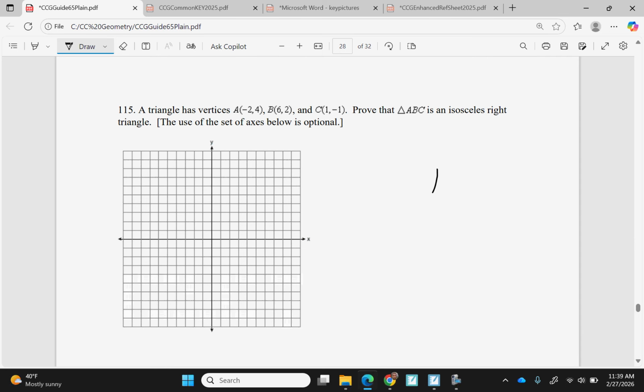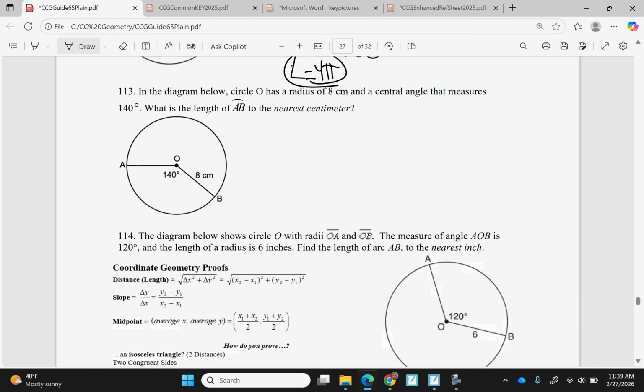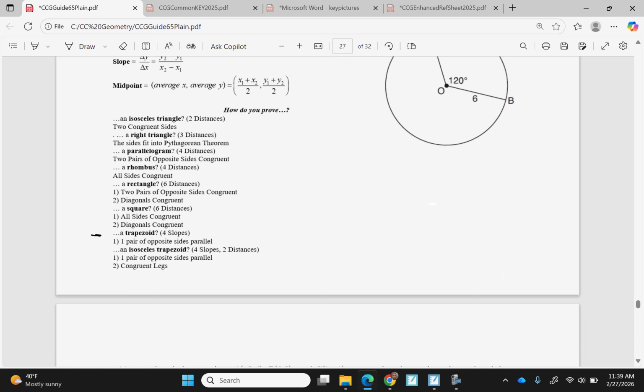So I'm going to write 1, and I'm going to say that triangle ABC is an isosceles right triangle because, well, the answer to that is right here. Isosceles, two congruent sides, right triangle, the sides fit into Pythagorean theorem.